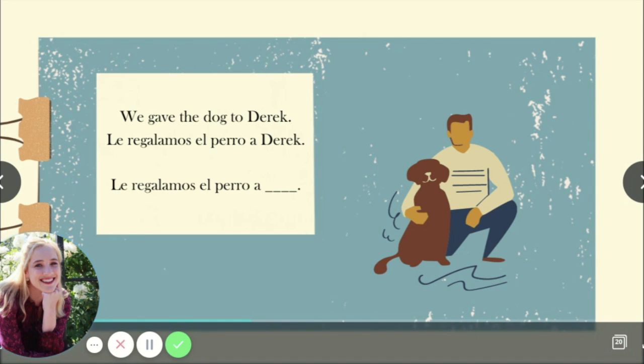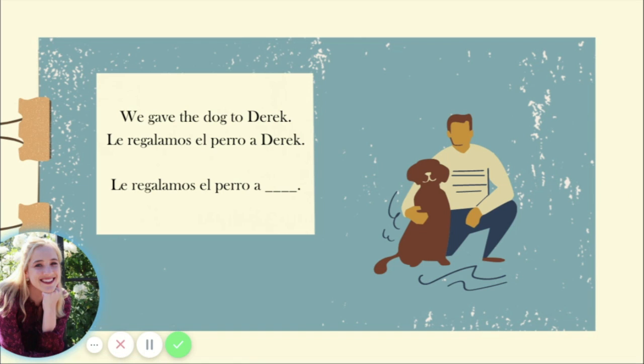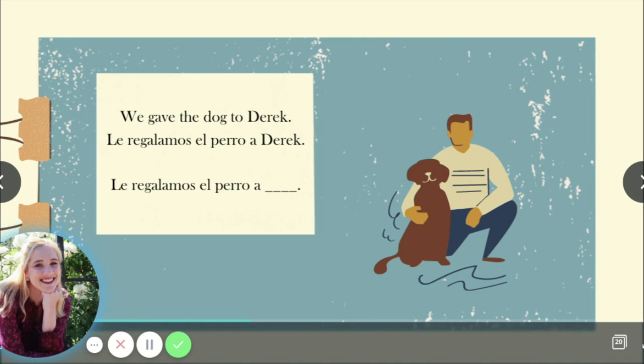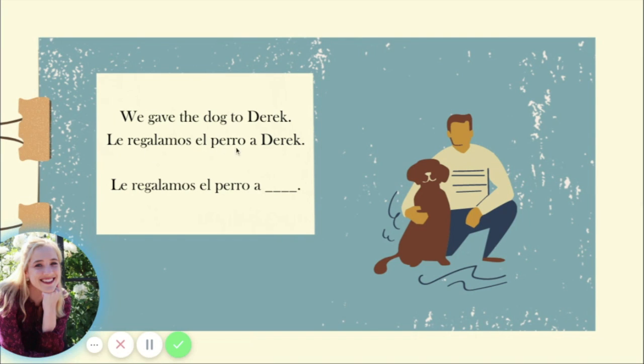So in the chat, let me know what you think. What might sound like the best one of these to use? So, le regalamos el perro a Derek. If we wanted to replace that. Le regalamos el perro a... Okay, good, Nico. So give it a shot. What do you think?